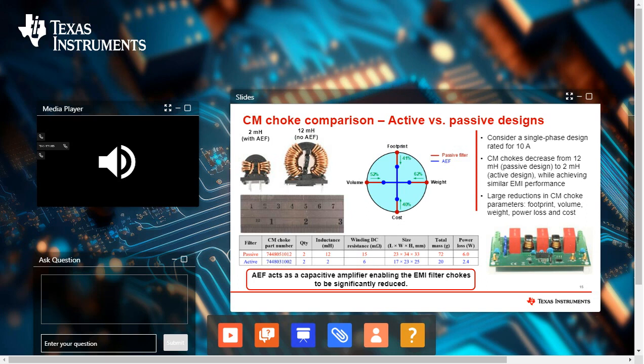Filters are defined by the product of their inductance L and capacitance C. The AEF-IC acts as a capacitive amplifier, making the Y caps appear 25 times larger than they really are, thus enabling the chokes to be significantly reduced and maintain the same LC product value.